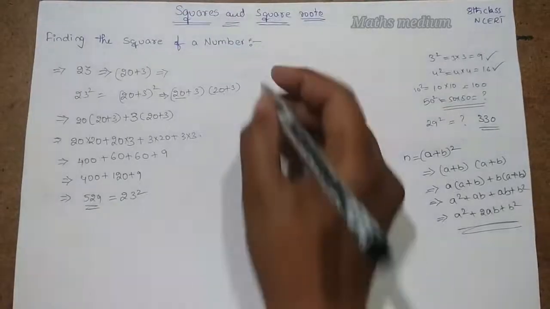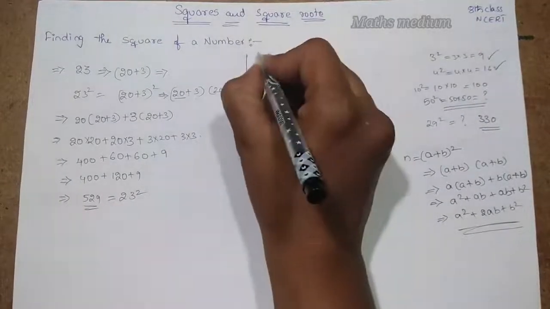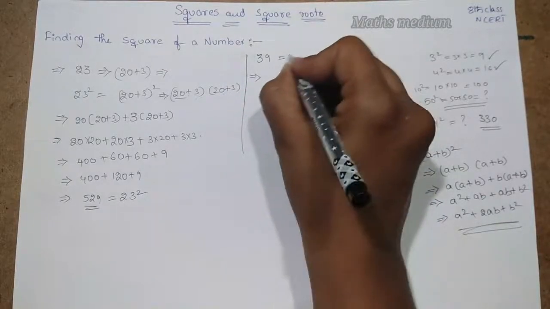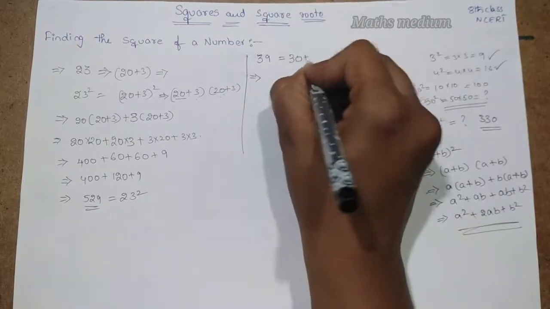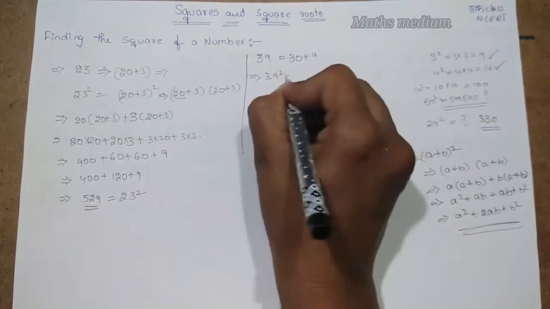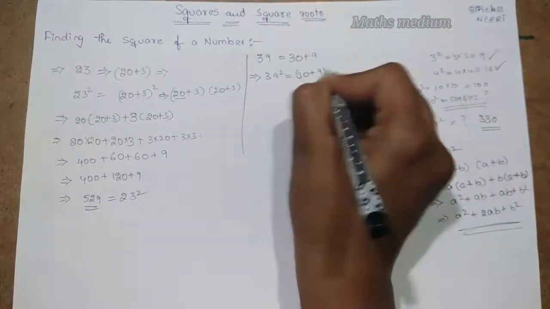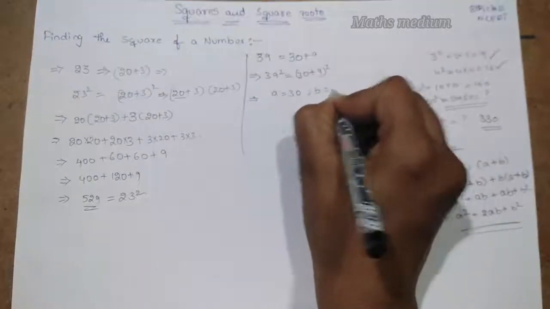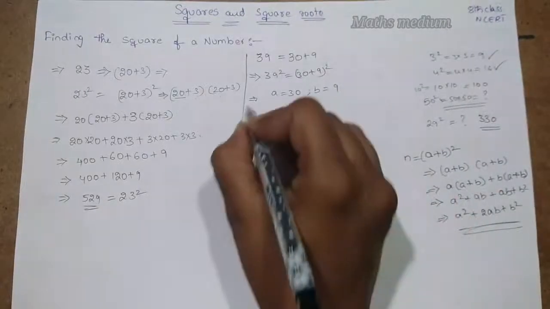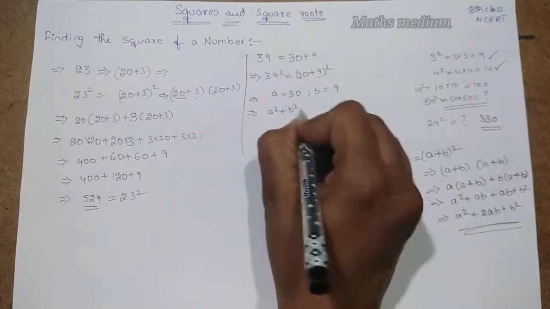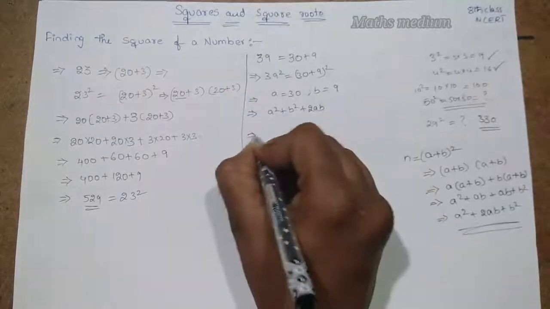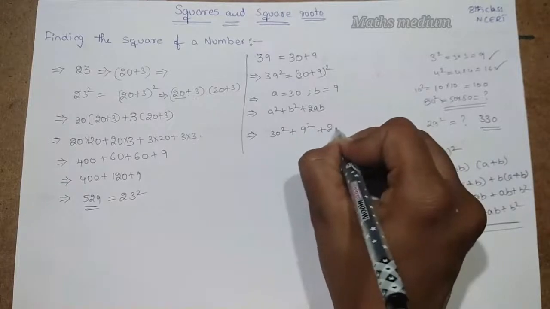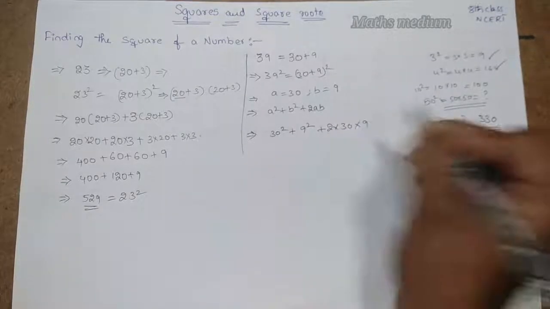Let's take another problem as 39. How can it be written? 39 as 30 plus 9. 39 square is equal to 30 plus 9 whole square. Now here we have a as 30 and b as 9, right? By using this formula, a square plus b square plus 2ab. Now a square 30 square plus b square 9 square plus 2 into 30 into 9.